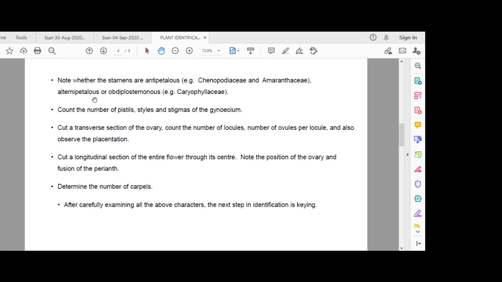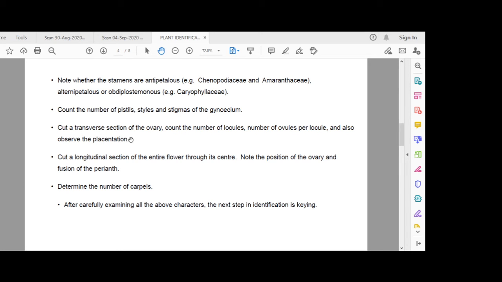Alternipetalous means alternate to the petals, or obdiplostaminous, which is the characteristic feature of Caryophyllaceae, where there are two whorls of stamens and the outer whorl of stamens is opposite to petals and the inner whorl of stamens is opposite to sepals. This is the obdiplostaminous condition. Count the number of pistils, styles and stigmas on the gynoecium.